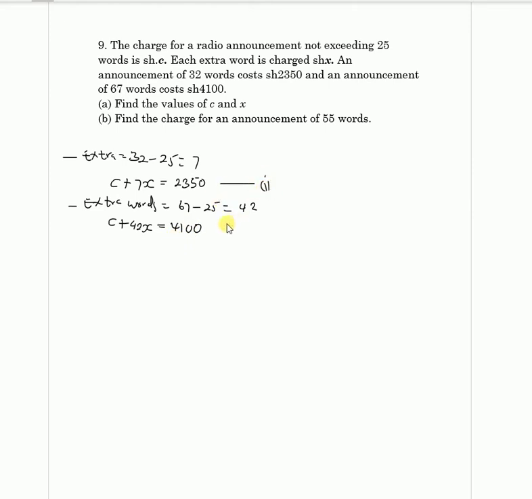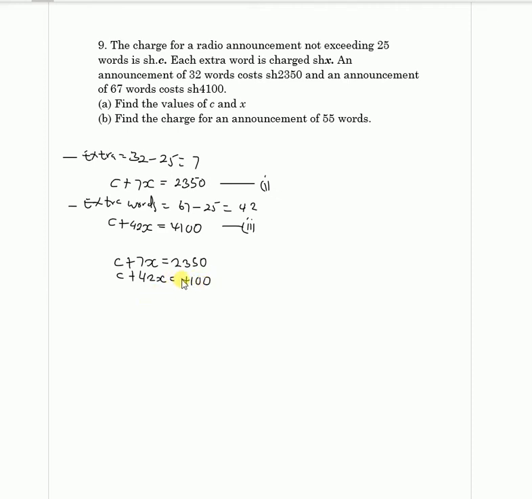Equation 1, equation 2. Now from there, you can see that there is a C cutting across. So let me write the two equations together. I have C plus 7x equal to 2350. Then I have C plus 42x equal to 4100.